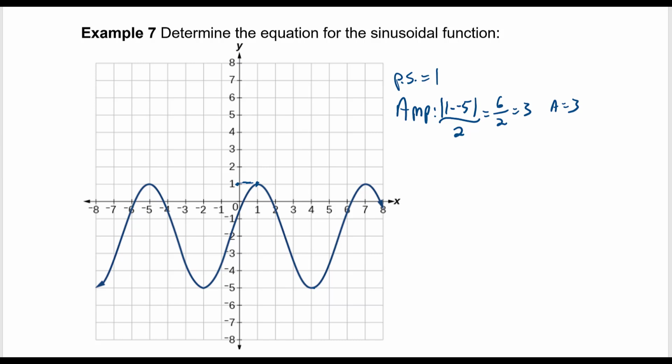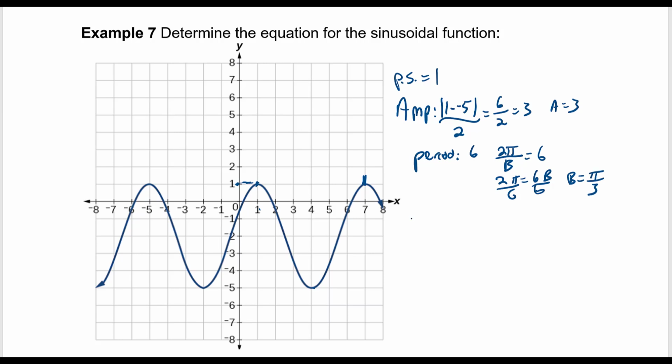And what are we looking at for a period? So going from 1 to 7, the period is 6. Okay, that means that 2 pi over b equals 6. So 2 pi equals 6b. We'll divide by 6, and b equals pi over 3.